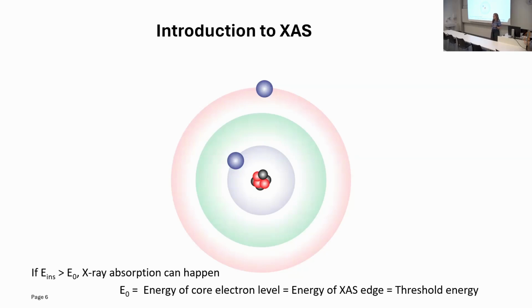You know that X-rays interact with matter, and they can be elastically scattered from the electronic clouds, or they can be resonantly absorbed. And this resonant absorption happens when the energy of the incident X-rays is above the binding energy of an electron on a shell.